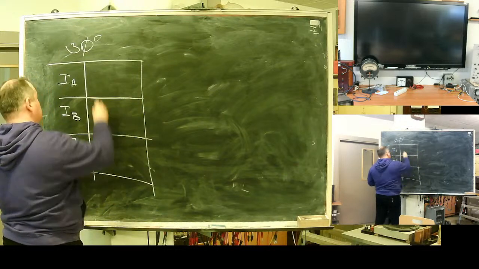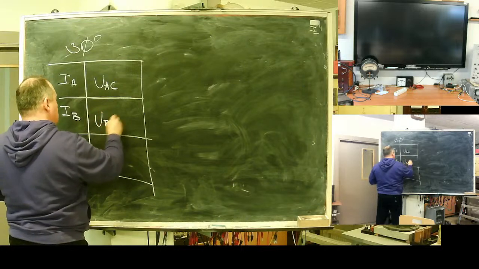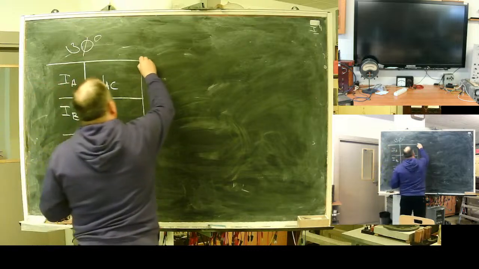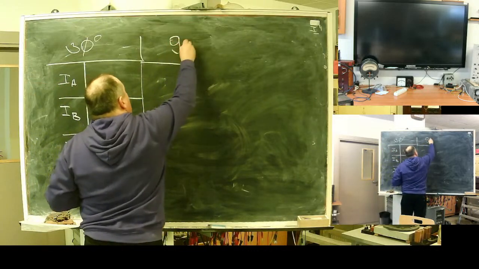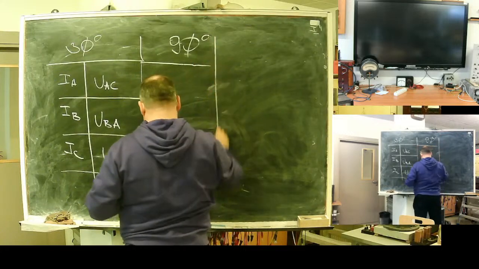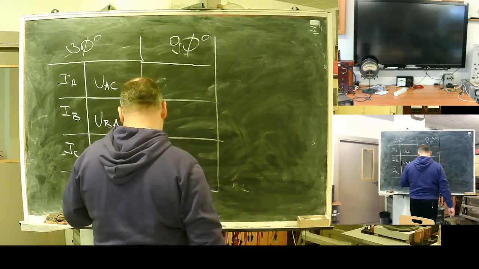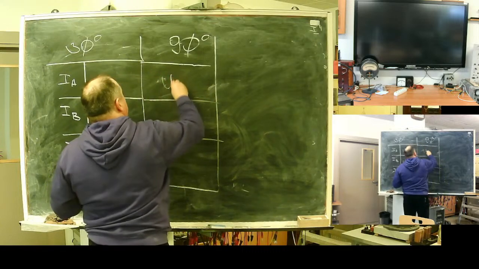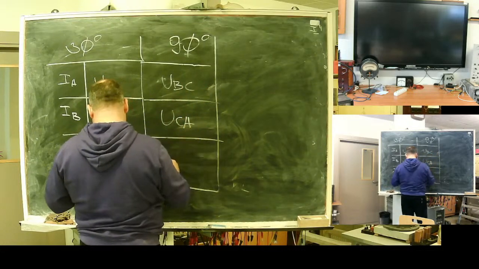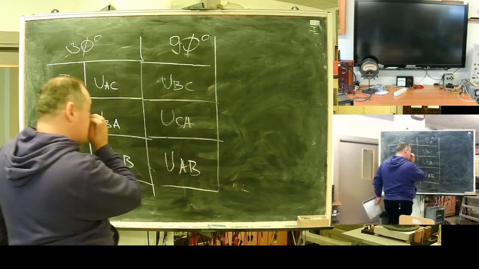Another alternative will be AC, BA, and CB. Our 90 degrees will be BC, CA, and AB. 90 degrees.